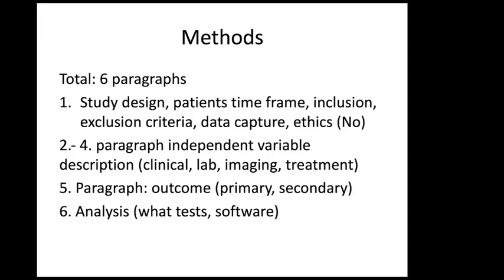So normally distributed data are, for example, height, weight, any of those. Non-normally distributed data are, for example, scales. So for anything that is normally distributed, you need to use a parametric test. For everything that's not normally distributed, you use a non-parametric test. They're pretty much the same, the types of tests, they just have different names.